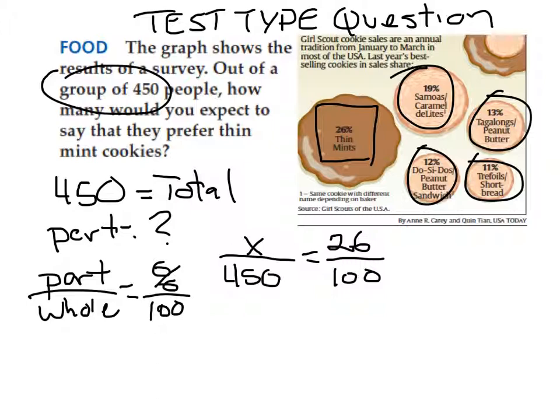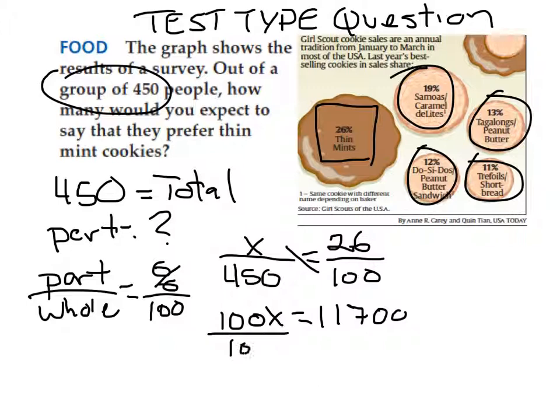We're going to cross multiply. So 100 times x, and then 450 times 26, 11,700. All right, 11,700. Now we're still not done yet because we haven't isolated the x.